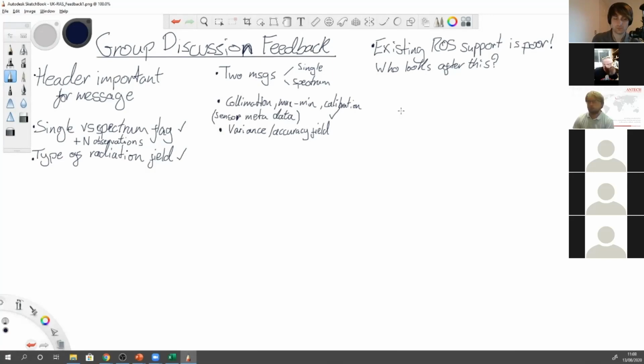I would have a suggestion to look at the laser scan message and do something similar for the spectrum messages, because laser scanning with the lidars works in a way that it's usually a spinning laser device that has a resolution in angle, so it has an array of measurements for distance, a different array for reflectance, and it always contains the resolution of how many samples are taken during one rotation.